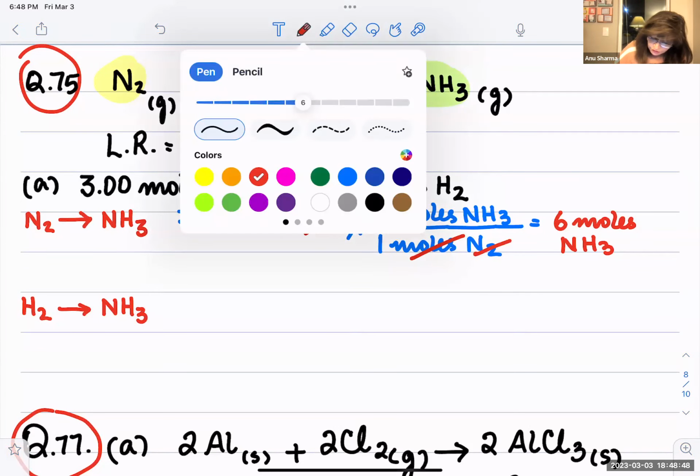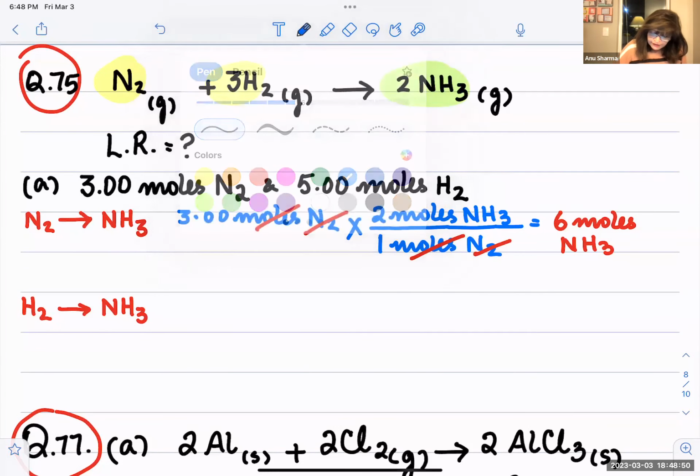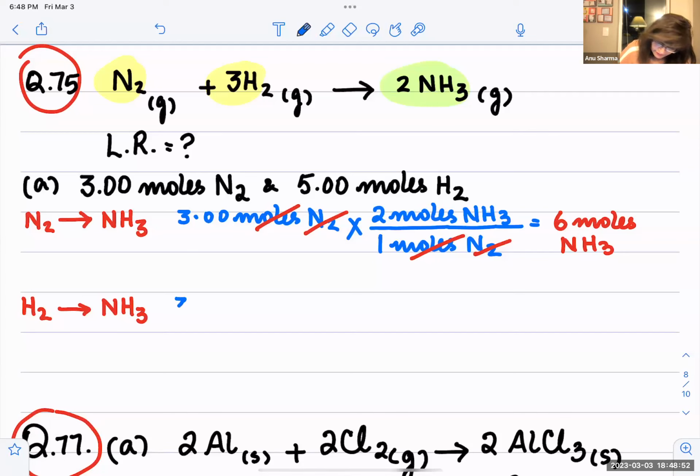Next is with the hydrogen. You're given 5.00 moles of hydrogen.